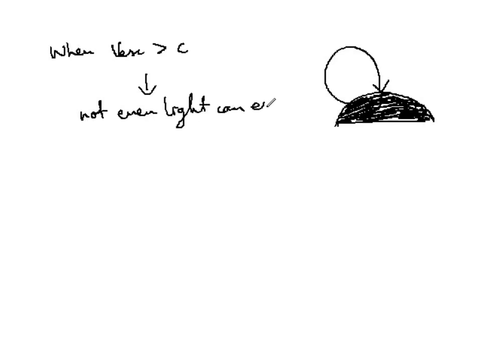It cannot escape the gravitational field. So basically when the escape velocity v is greater than c, light will not be able to escape. Not even light can escape. And then we say that this enclosed region becomes a black hole, in the sense that you will not be able to see any light from it.